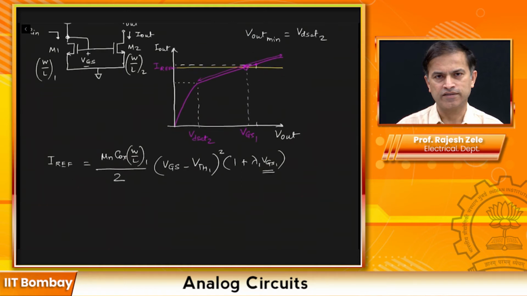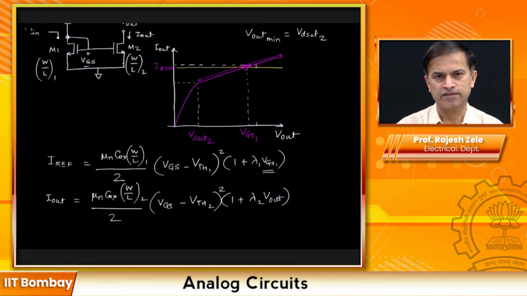Then the output current is going to be mu n Cox W by L of transistor 2 divided by 2. In this case also we have VGS, the gate to source voltage, minus VTH2, the threshold voltage of transistor M2, squared, multiplied by 1 plus lambda 2 VDS2.